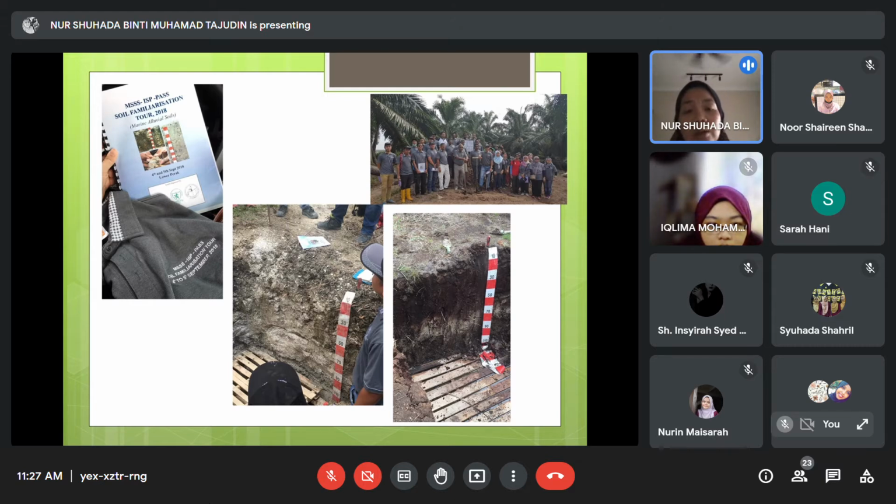With this type of soil you will not manage to get 20, but with proper and good management of soil, you might reach 18 tons of fresh fruit bunch per hectare. So proper management is important, what I want to stress here.